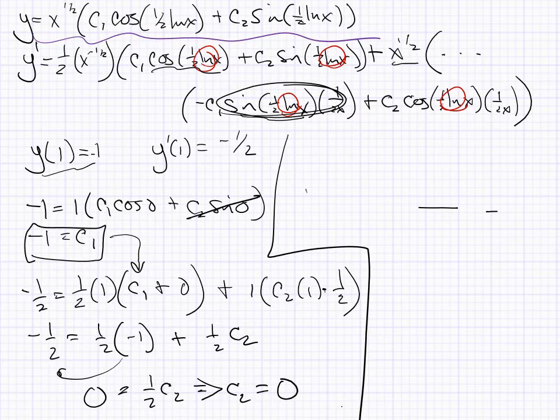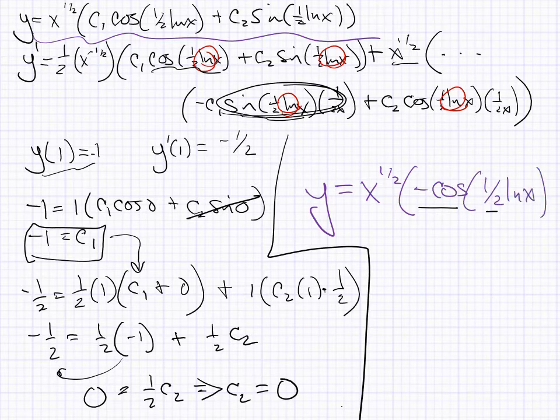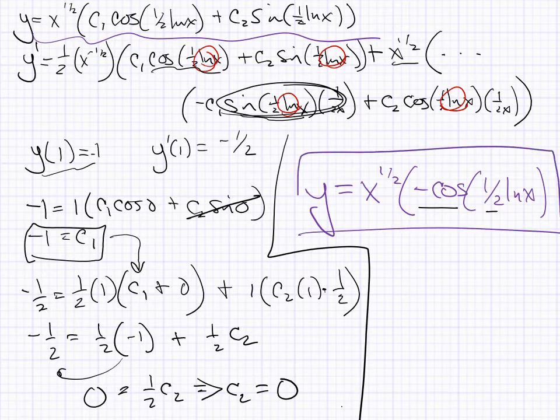We get that y equals x to the 1/2 c1, which is -1 cosine of 1/2 log x, plus c2, but c2 is 0, so then that's the solution to the IVP.